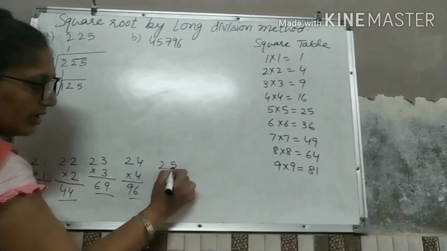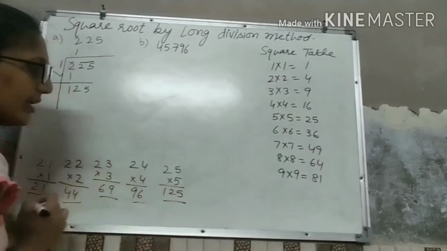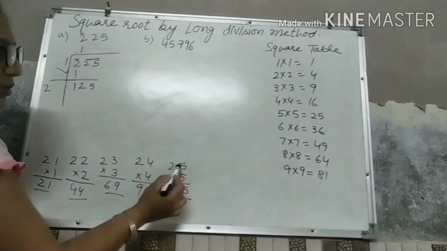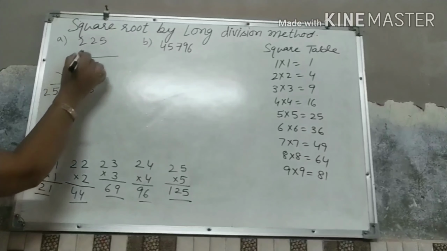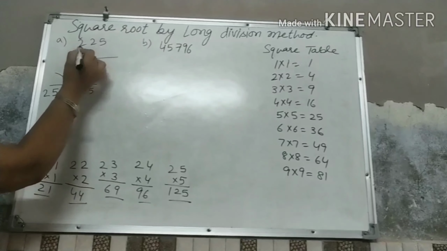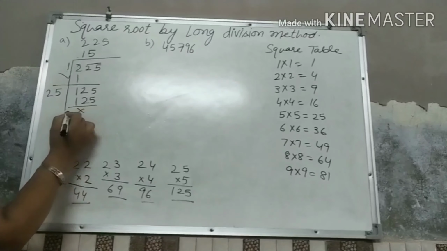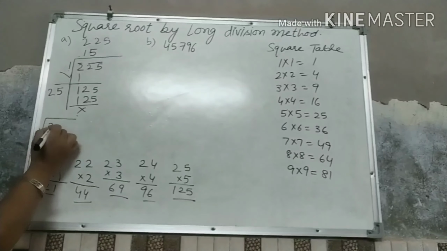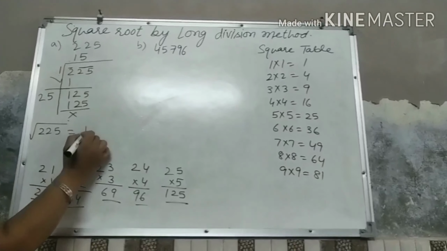Now you can see 125 has already come. So our unit digit should be 5. So we will take here 5 and also with the quotient 25, 5 25s are 125. So what is the square root of 225? Square root of 225 is 15.